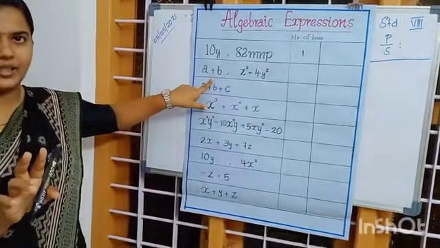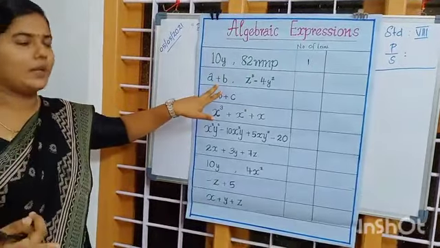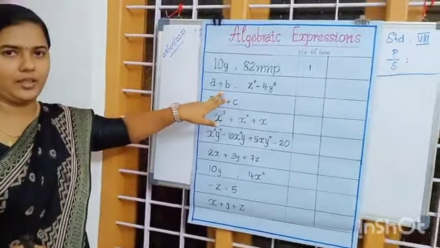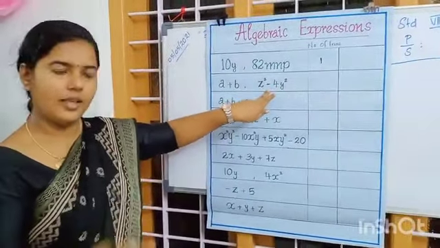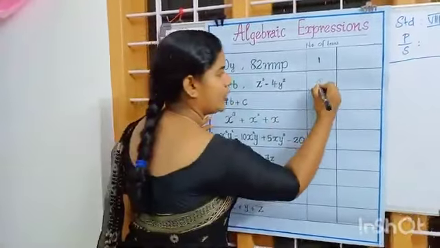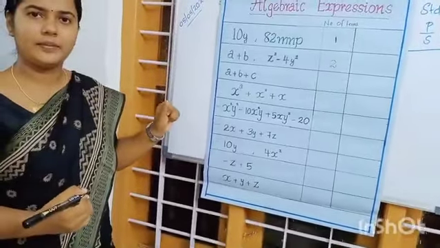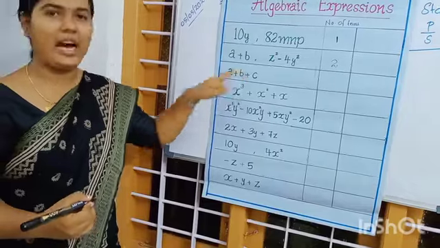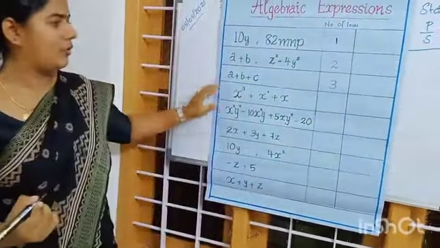So the second set, these are also algebraic expressions, and how many terms are there in this expression? Yes, 2. What about this? Yes, here also we have 2 terms. What about the third one? Yes, we have 3 terms. What about the fourth one?